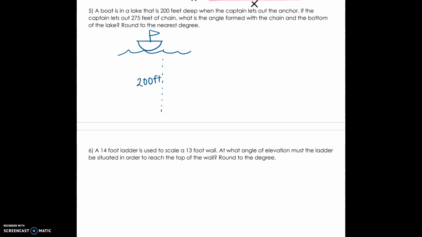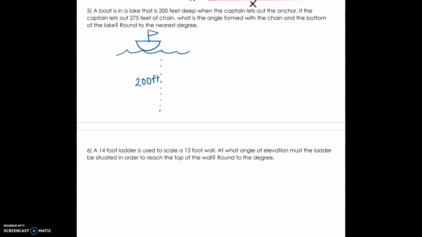The captain is going to let out the anchor chain. Remember, when a captain lets out the chain, it's not going to go straight down to the bottom of the lake. It will go down on a diagonal because of the current in the lake. So he lets out 275 feet of chain. We can form our right triangle now. And it wants what angle is formed with the chain and the bottom of the lake. So they're asking for the angle of elevation.